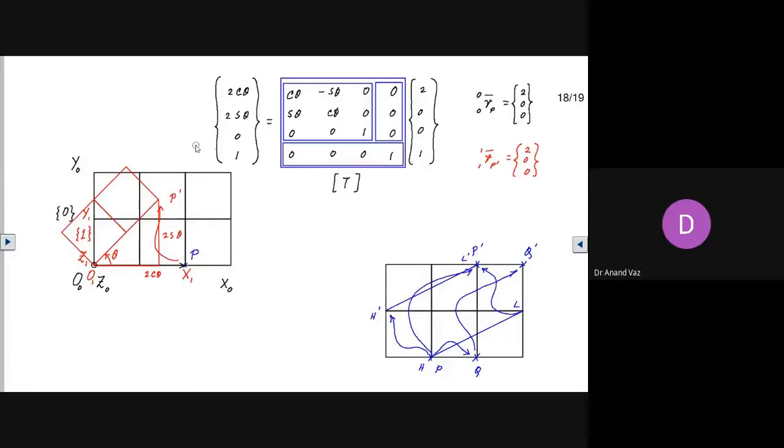One is that it can be used to specify the orientation of frame 1 with respect to frame 0. You can say that frame 1 is oriented with respect to frame 0 by an angle of theta, as if it is rotated about the z-axis of frame 0 by an angle of theta.